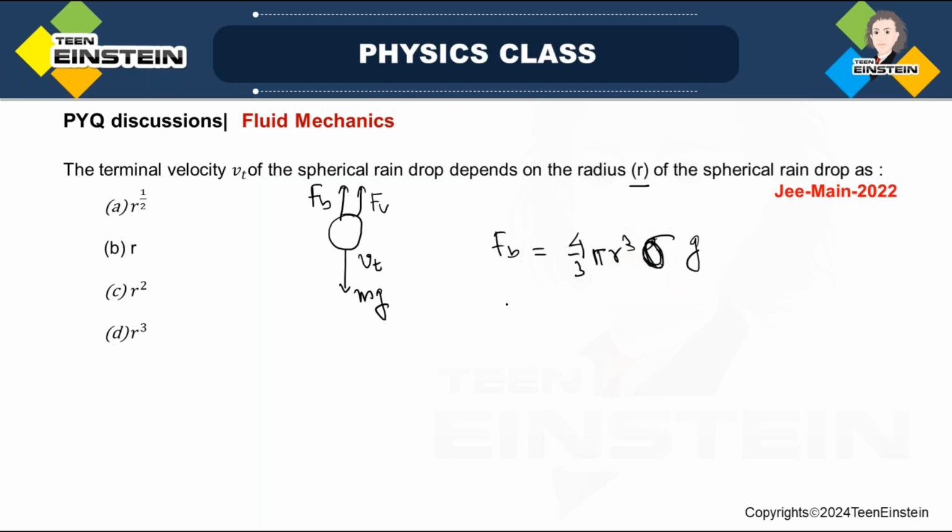And what will be this m? m will be 4 by 3 pi r cube rho g, where rho is the density of this liquid raindrop. And Fv, since the velocity is Vt, will be 6 pi eta r v.